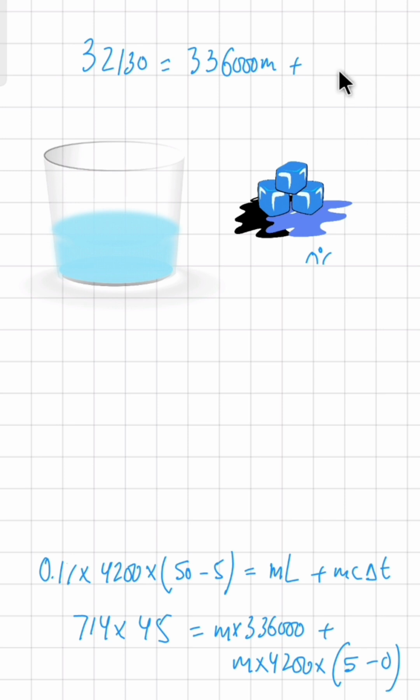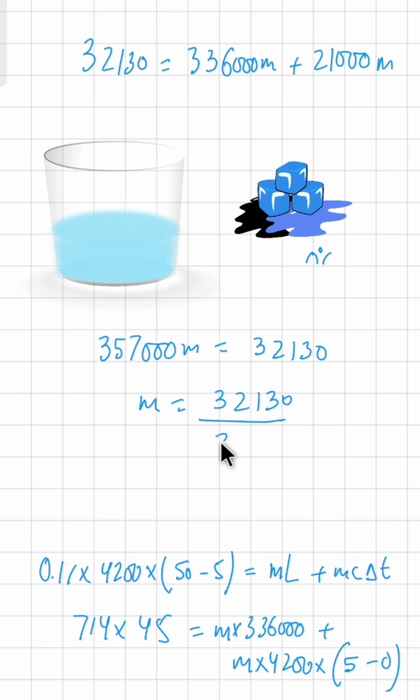If you multiply both numbers, you are going to get 21,000. 4,200 and 5 will give you 21,000 m. Now let's add 336,000 plus 21,000. When you add these two, you are going to get 3,57,000 m equals 32130.